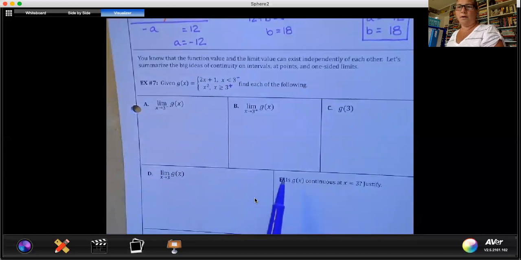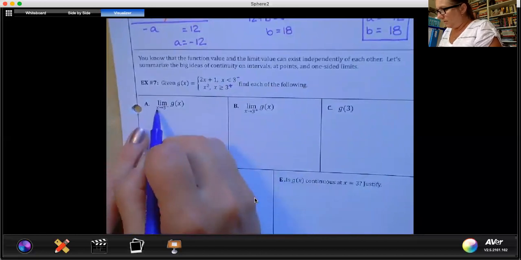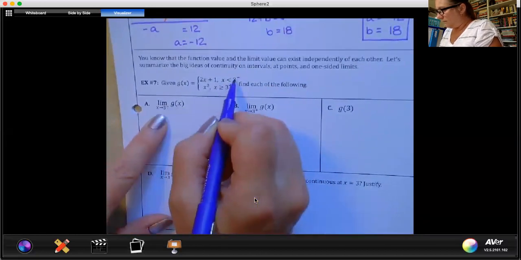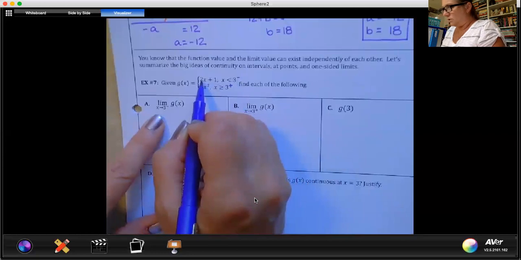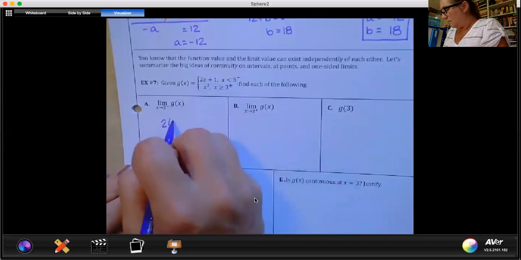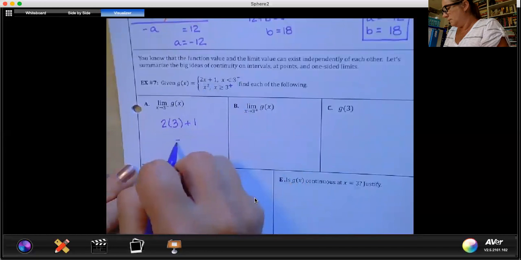So this is a problem that is very similar to a problem where you're just determining continuity, but it's broken up into parts. So x approaches 3 from the left of g of x. So 2 times 3 plus 1, 6 plus 1 is 7.